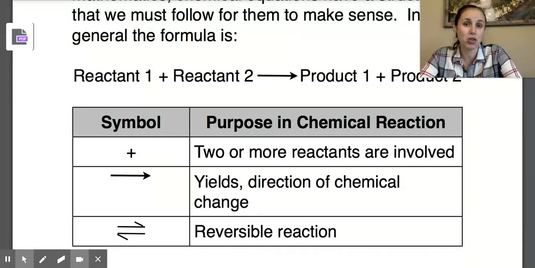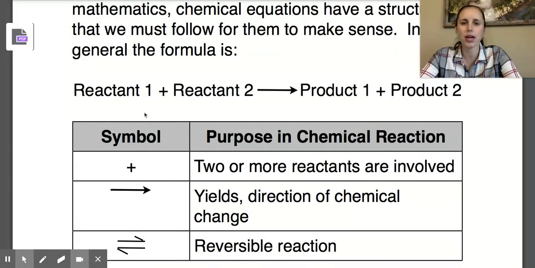Now, this is something new that you haven't seen. I want to introduce this idea because we're going to talk about it a lot in grade 12 chemistry, so I want you to see it now so you understand what it means. We can sometimes have something called a reversible reaction. That means a reaction can go in both directions. Maybe your reactant 1 and reactant 2 combine to form your product, and then your product can also break down and go back to your reactants.